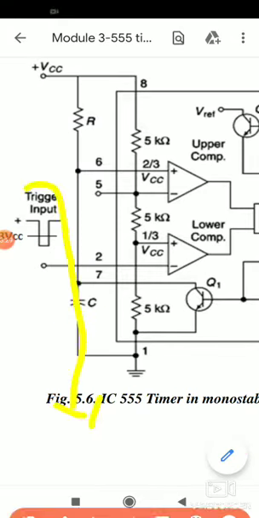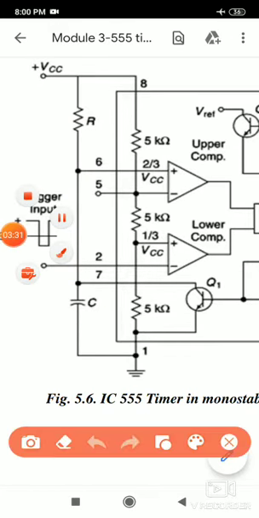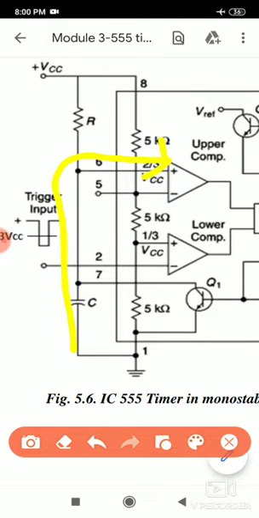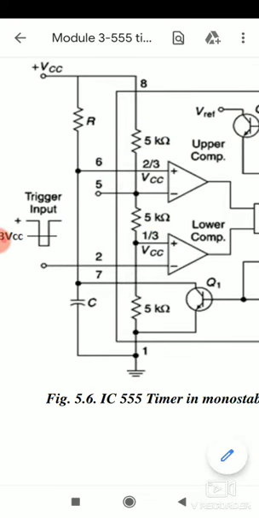The capacitor charging voltage is applied to the non-inverting terminal of the upper comparator. Again I will repeat.